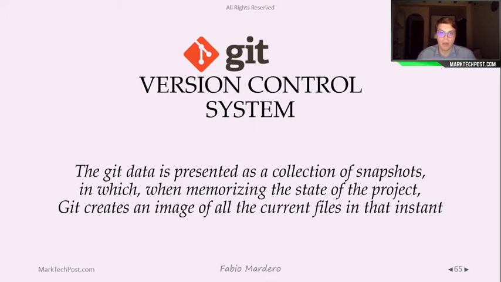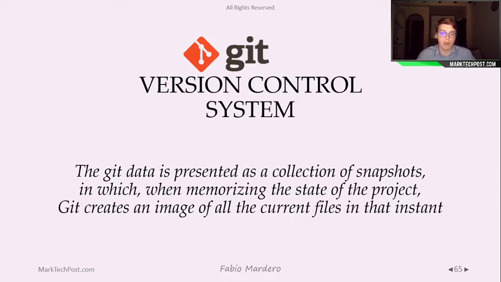So Git is a version control system, and in particular the Git data is presented as a collection of snapshots, in which each of these snapshots memorizes the state of the entire project, and Git creates an image of all the current files in that instant.